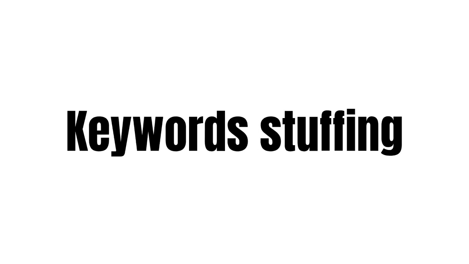So number 3, keyword stuffing. That is, you are using a keyword repeatedly, like the keyword of your book, you keep on repeating it in a particular title, in a particular subtitle, you overuse your keyword in your book. Amazon doesn't like that.